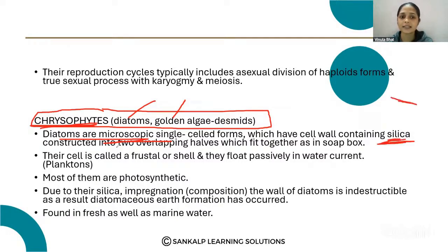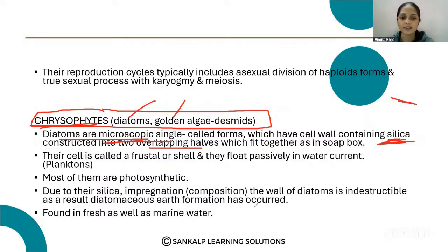The cell wall is made up of silica, and it overlaps, so it looks like a soap box. Their cell is called the frustule shell. They float passively in water currents, and they are mostly photosynthetic. And this silica is indestructible, so as a result it forms the diatomaceous earth.